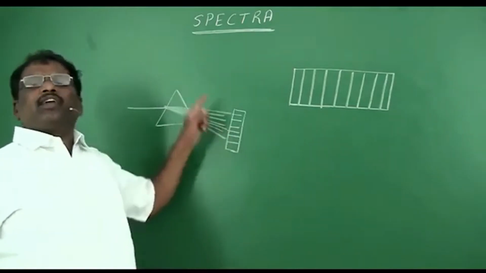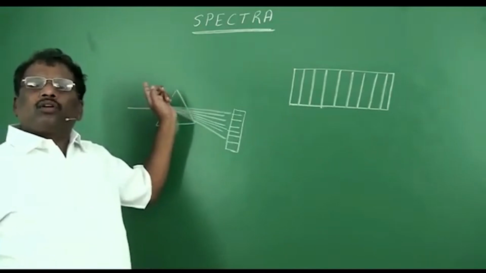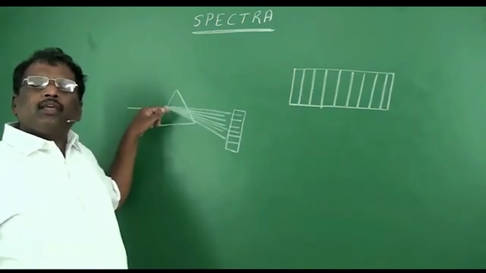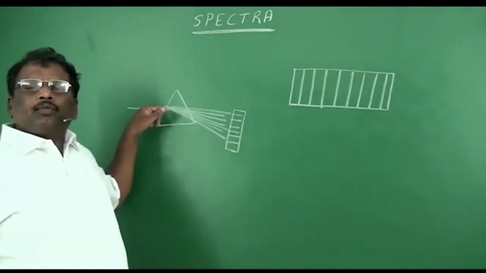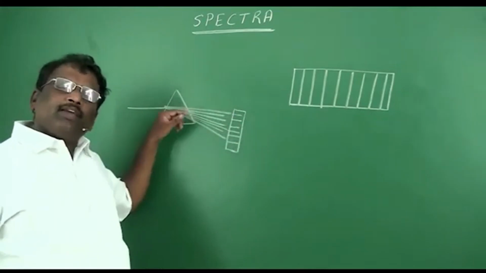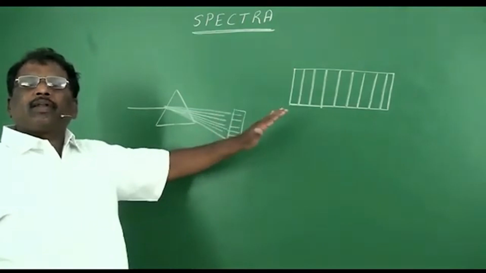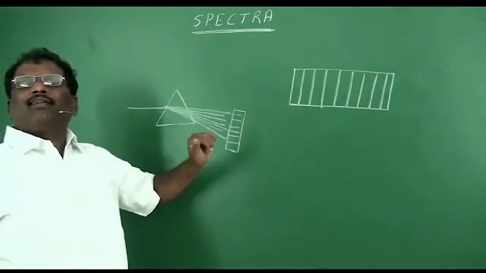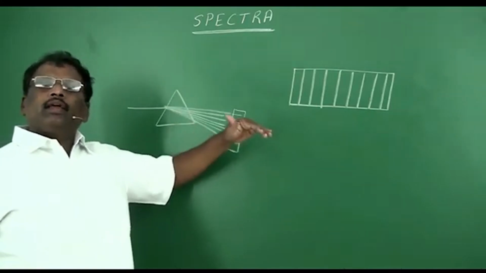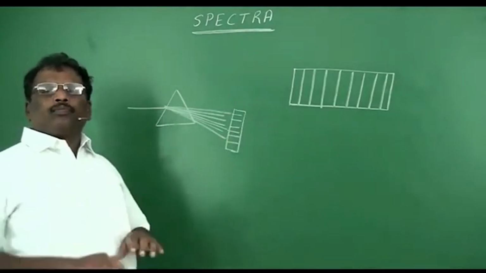With the help of that, we can estimate where the electron is present, based on the wavelength of light radiation that was absorbed by the atom. We get a definite, different spectra. That is the way we come to know about the position of an electron.